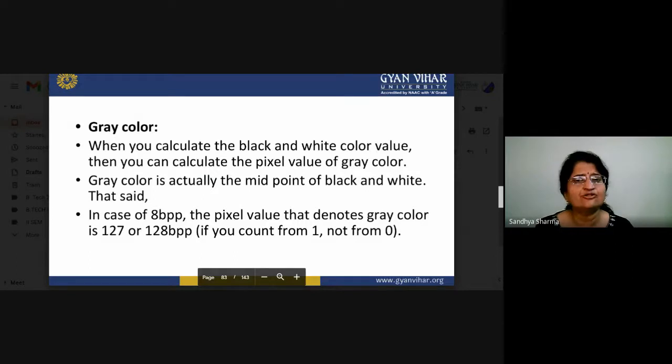Gray color is actually the midpoint of black and white: the lowest value is black, the highest value is white, and whatever the remaining levels are between black and white will be the shades of gray. Suppose we are talking about 8 BPP, the pixel value that denotes the gray color is 127, or 128 if you count from 1 and not from 0.